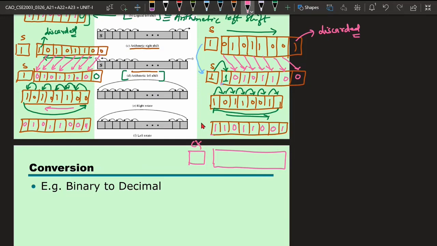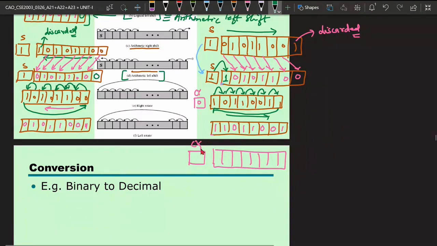In case of normal rotate, carry plays no role. But in case of rotate with carry, there will be a role of the carry bit. So while rotating to the right side, this carry will be taking part.